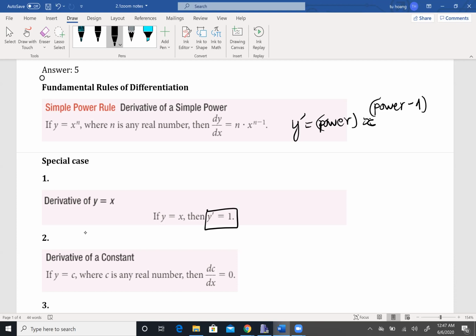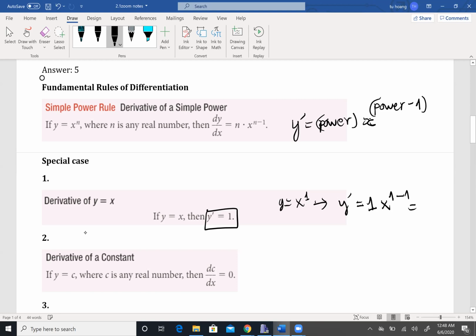So why does that happen? Because when you consider y equal to x to power one, then when you apply the simple power rule, you will have y derivative equal to one put down, times x to power 1 minus 1.